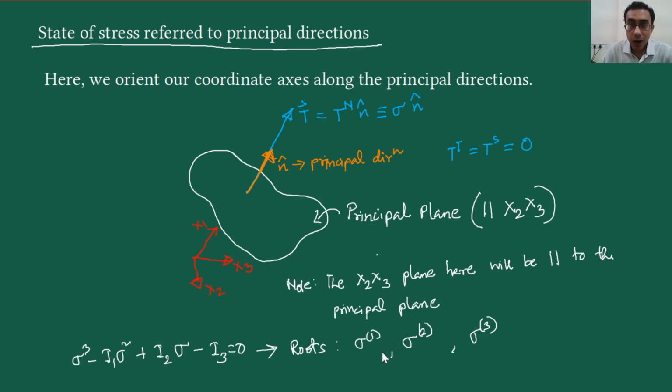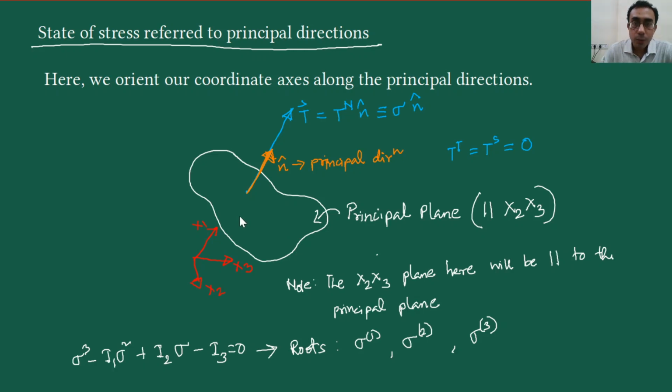Then how is the stress tensor going to look? Since our x1 is like this, what will be the value of sigma 1 1? Sigma 1 1 is the traction component on the plane which is perpendicular to the x1 axis. What is that plane? It is nothing but this principal plane itself, which is perpendicular to the x1 axis.